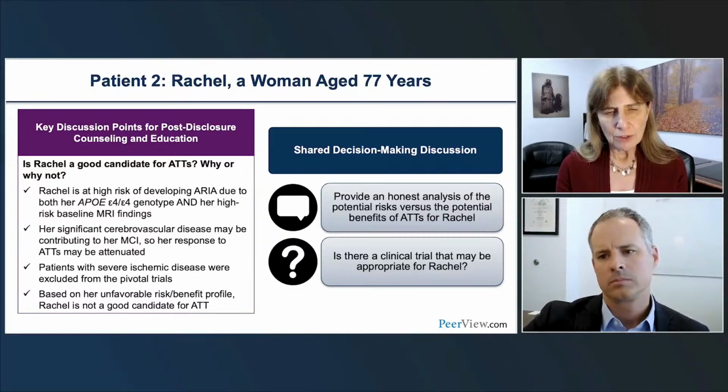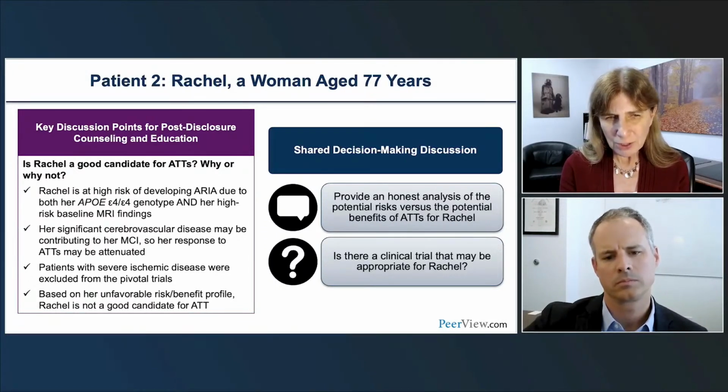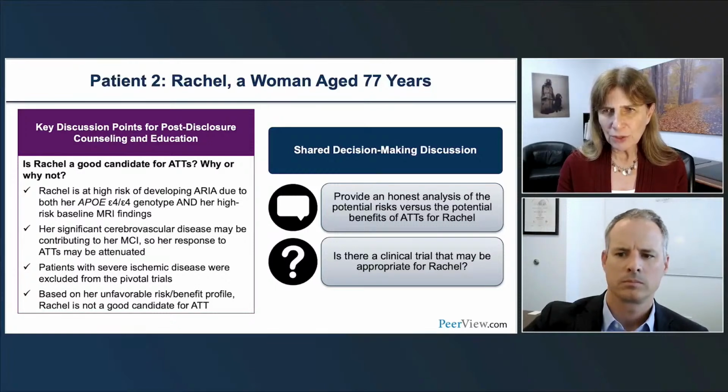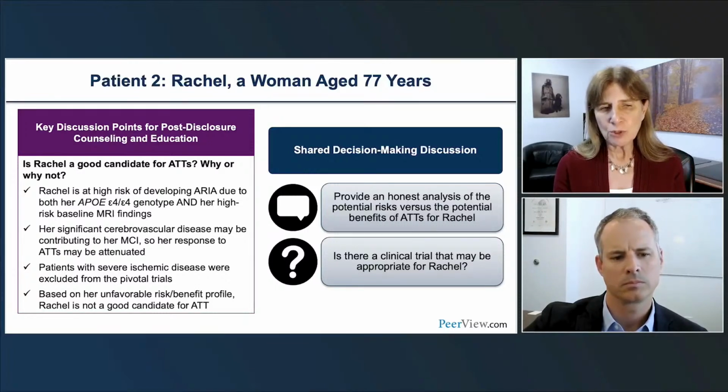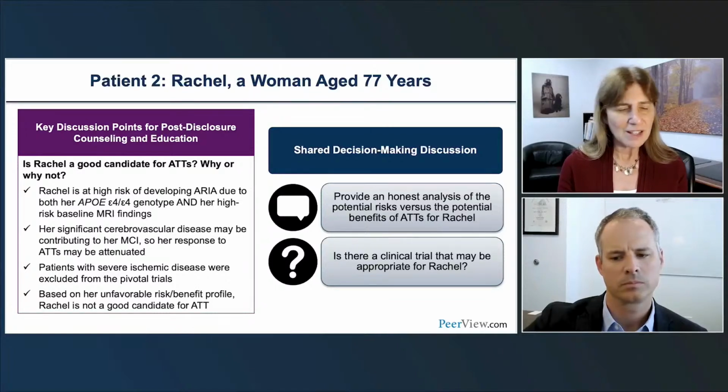So we were using Fazekas scores, but anyway, people with mild and at most moderate white matter disease, not severe ischemic disease. So whether this treatment is going to benefit her or just expose her to more risk of side effects, I agree with you.